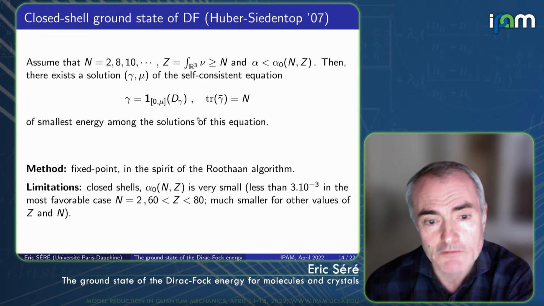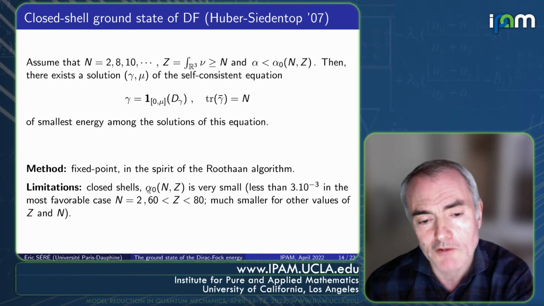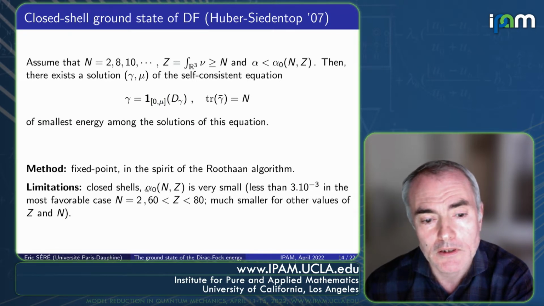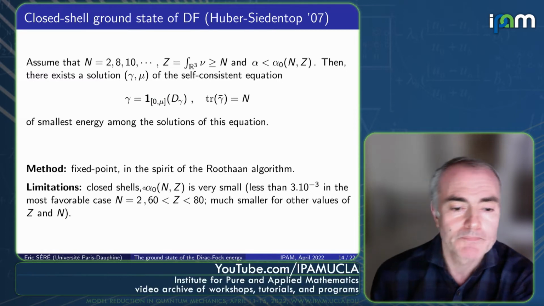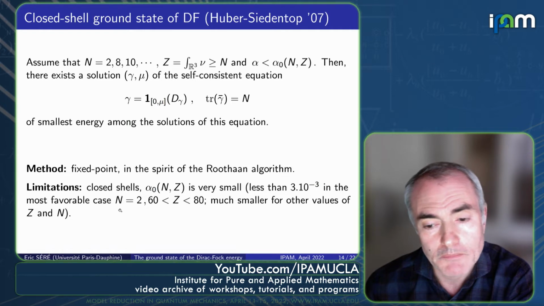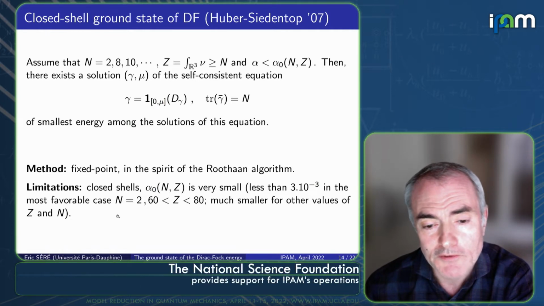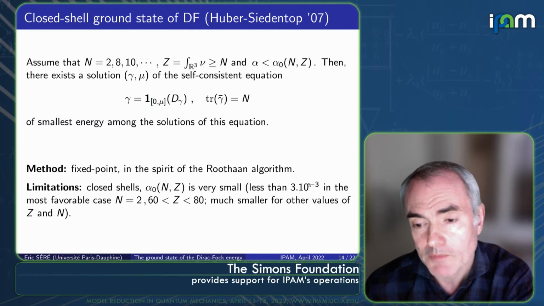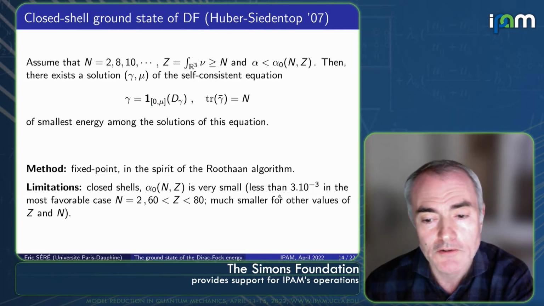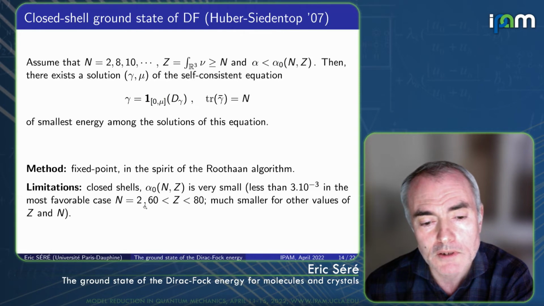Okay, so they have something explicit, but they have a constraint on the fine structure constant alpha. They impose that alpha should be less or equal to a certain alpha naught of n, z. But unfortunately, they have a nice curve with this alpha naught as a function of n, z, and they find that it's never better than 3 times 10 to the minus 3, and it's only like this in a quite narrow region.